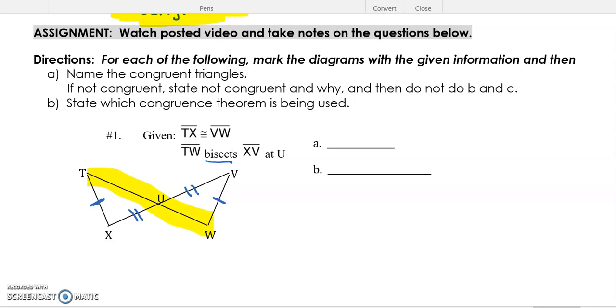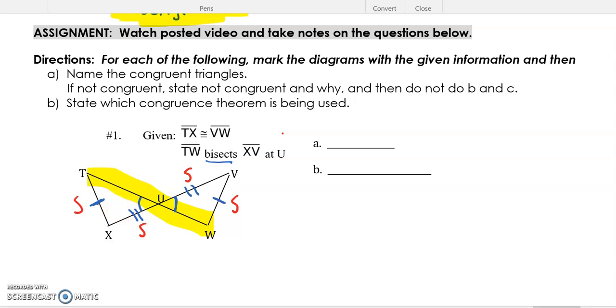We have already covered during class the reasons for us to say that two triangles are congruent. Right now, we have a pair of sides congruent, and another pair of sides congruent. That is not yet enough information to prove that these triangles are congruent. We need 3 pieces of information. But we also have segments that intersect, and we have vertical angles, and I just proved to you that all vertical angles are congruent.